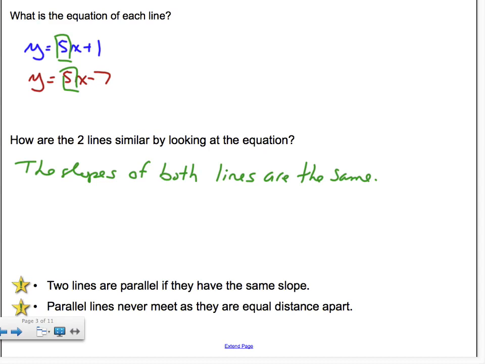Hopefully you already know that parallel lines never cross one another. I mean, that's for sure. They're an equal distance away from each other. The symbol for parallel lines is just two parallel lines.